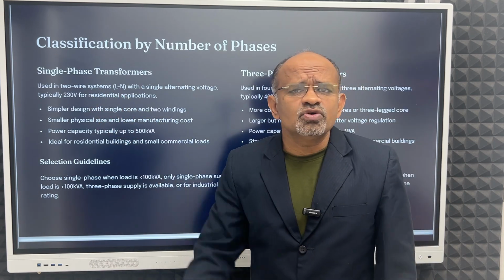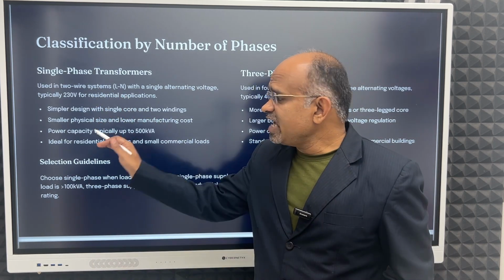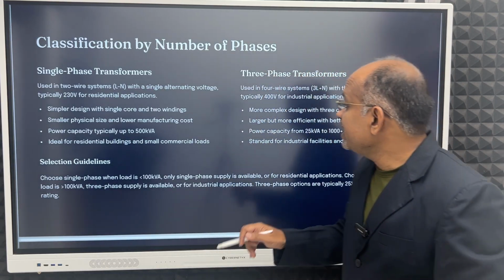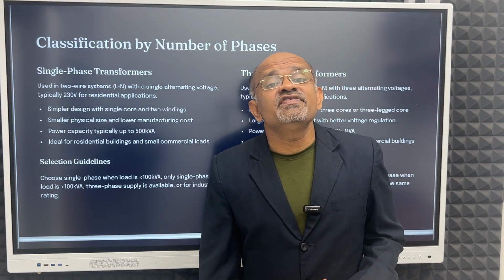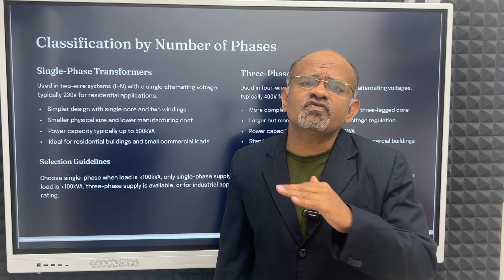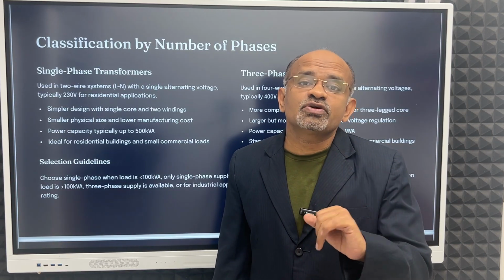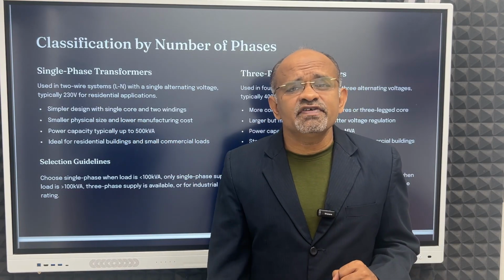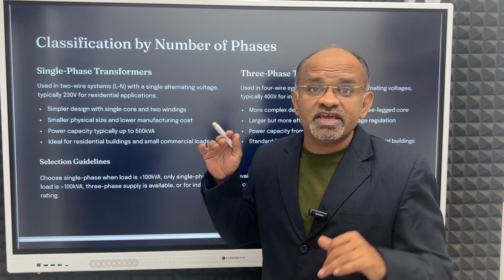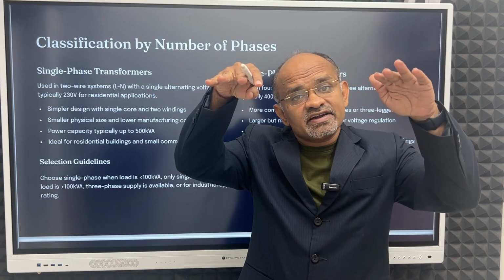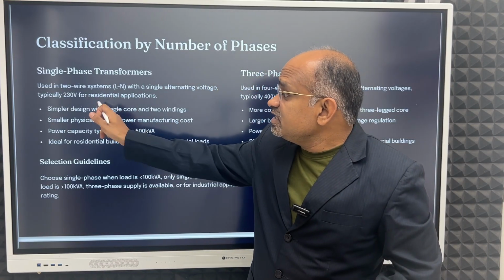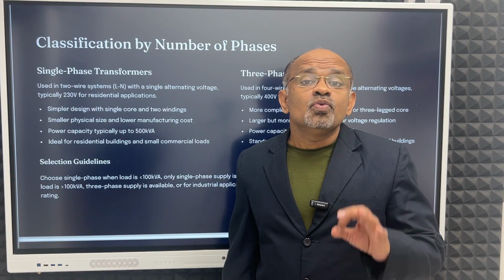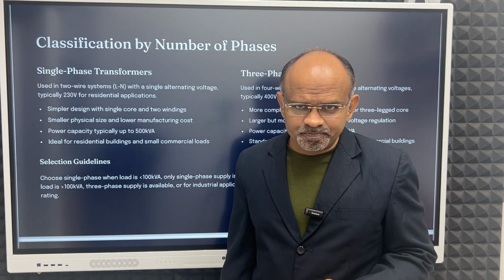Here it is 230 volt. In single phase we have lesser voltage, so obviously current will be high. And here it is 415 volt, or 450 or 400 volt depending on the requirement of the load. So 230 versus 415, obviously this will win because the voltage level is higher, so current will go down. So the single phase transformer winding will have very high current.